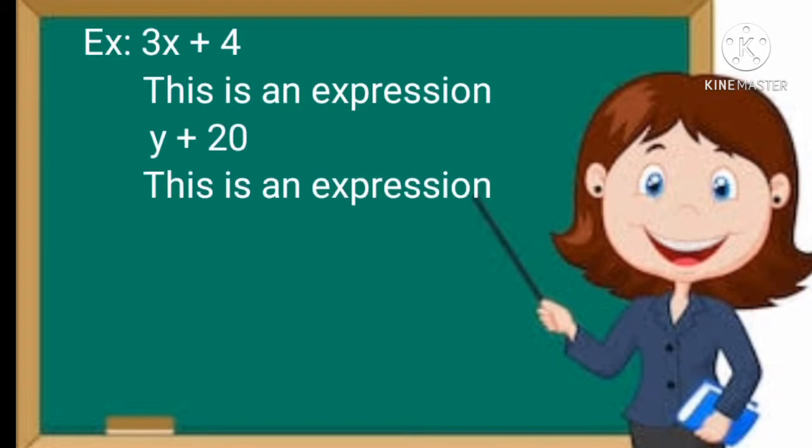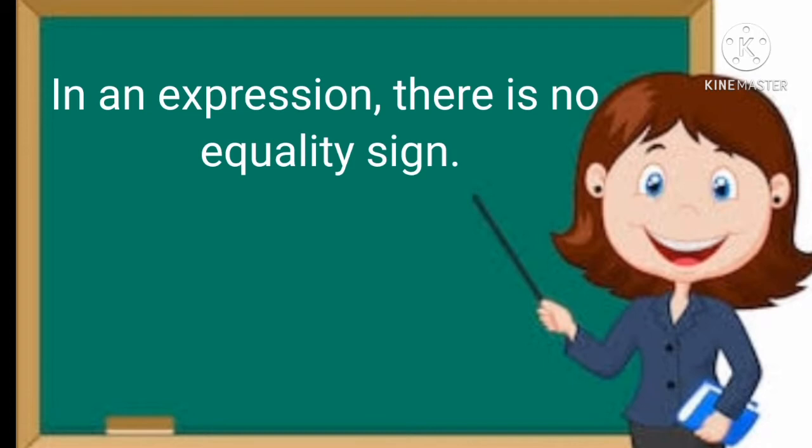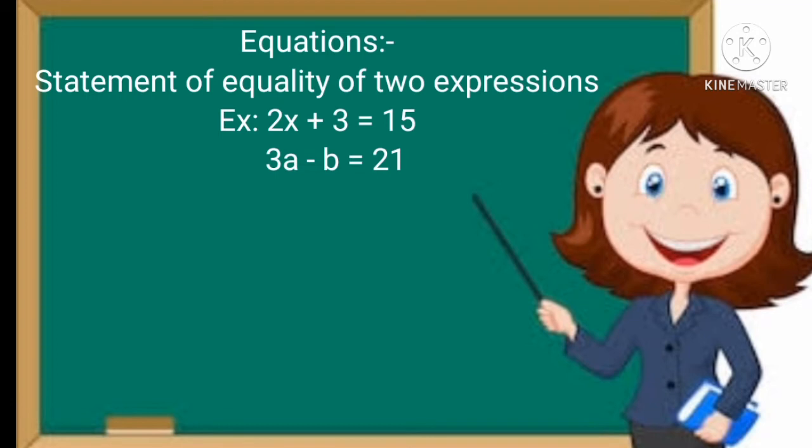Take for example 3x plus 4. This is an expression. y plus 20. Again, this is an expression. In an expression, there is no equality sign. Equations: statement of equality of two expressions.